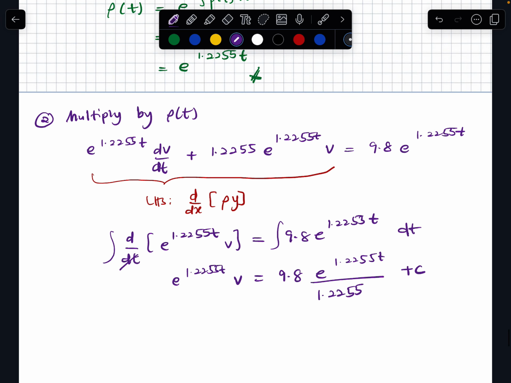Okay, then we want v, so you should divide every term by the exponent, and this number can be calculated together. Okay, you can find the value.